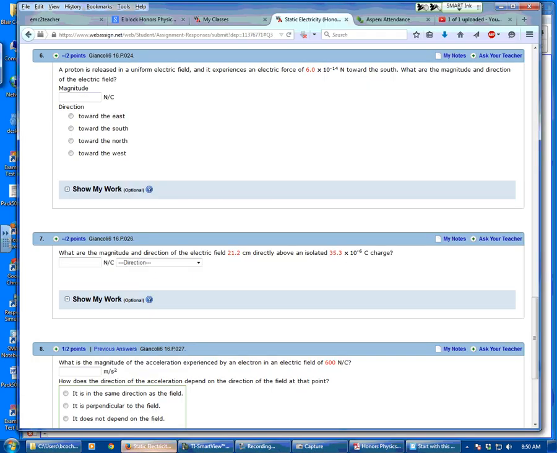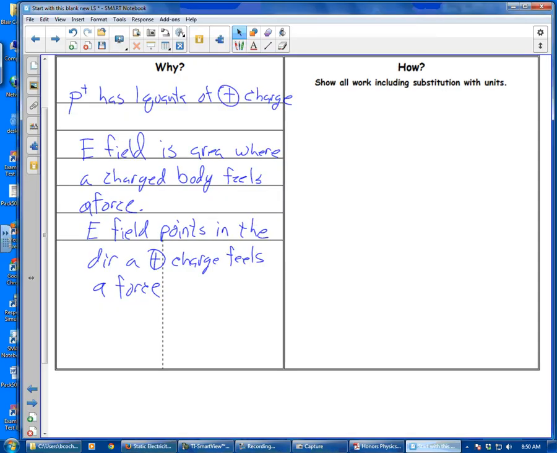So a force diagram here. Experiencing force this towards the south. Okay. So I've got my proton here. It has a force on it in that direction.